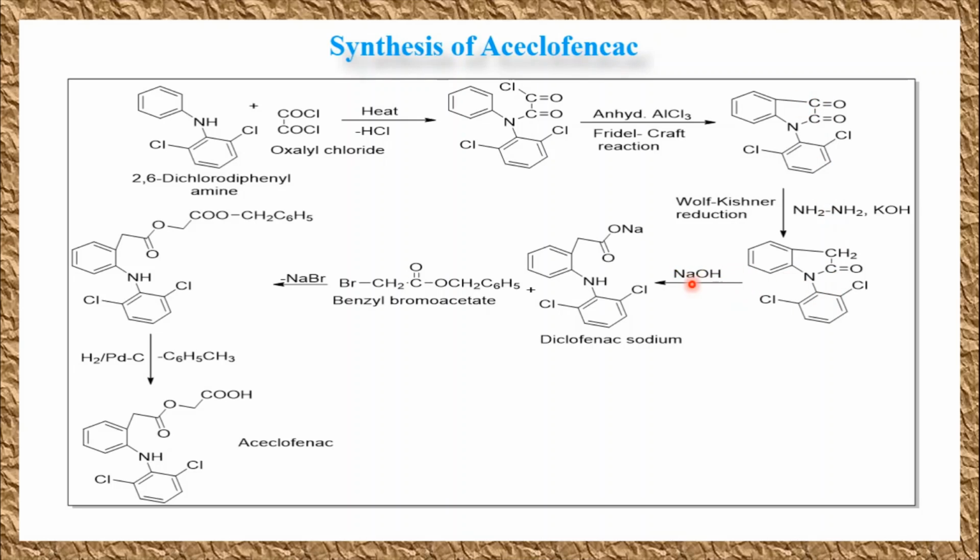Then comes the ring opening reaction in the presence of NaOH, which opens the ring. Next, this product, sodium diclofenac, is treated with benzyl bromoacetate and you get this substituted product. The Br is substituted by this whole group. It is a nucleophilic substitution reaction.